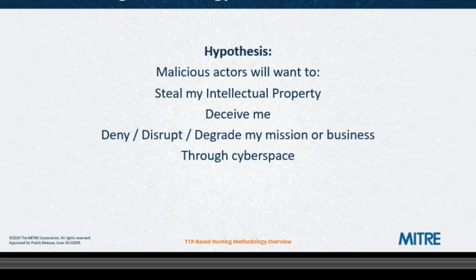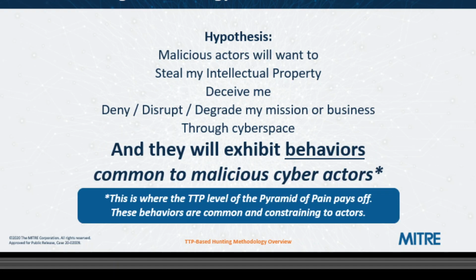And the crucial thing about TTP-based hunting is that they will exhibit behaviors that are common among malicious cyber actors. And this is where the pyramid of pain concepts are really going to pay off. It's not a valid hypothesis to think that in every instance a malicious actor is going to reuse the same observables at the lower levels of that pyramid of pain.